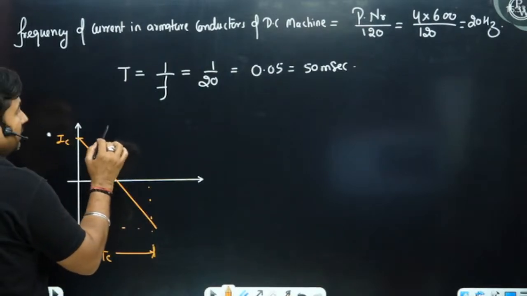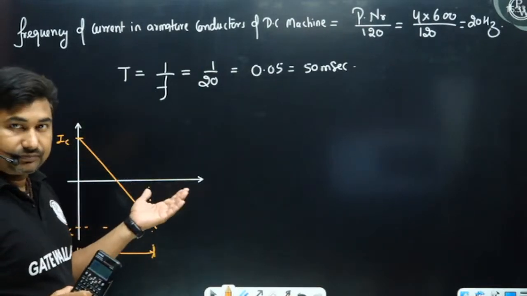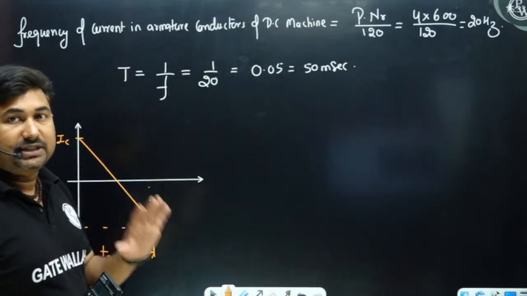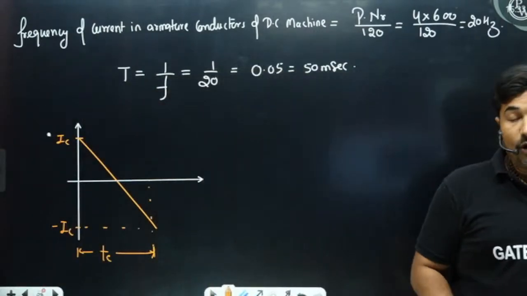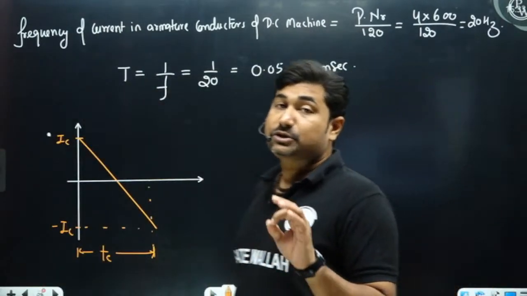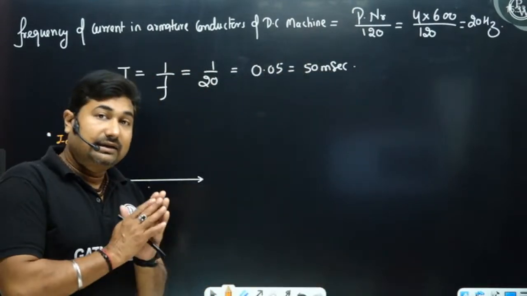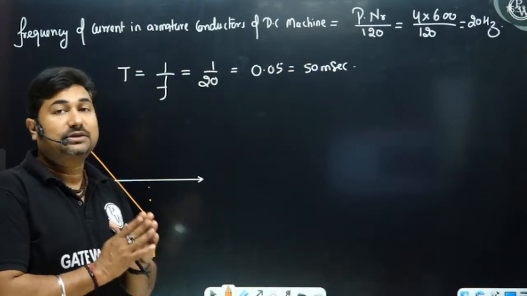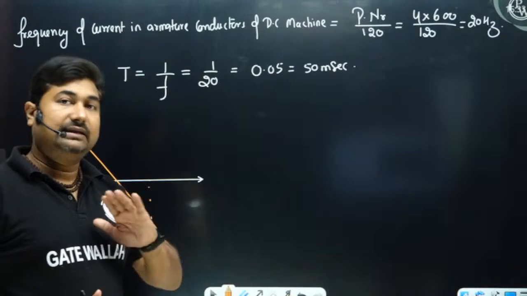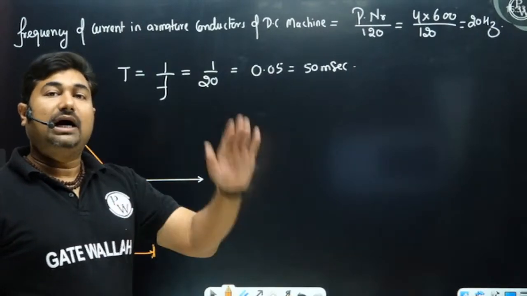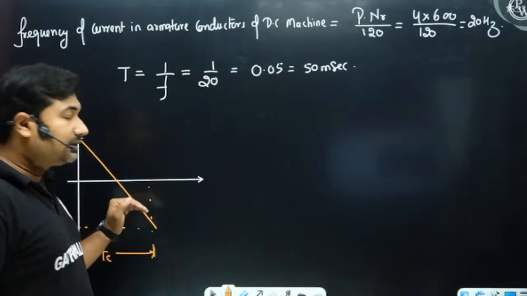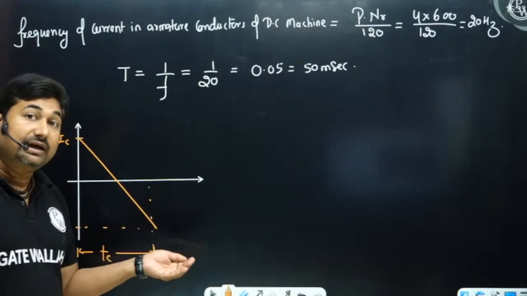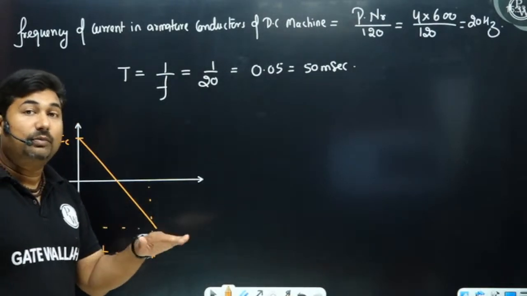We all know that whenever the coil undergoing commutation is shorted by the brush, under that condition the current in the coil has to reverse from plus IC to minus IC, and then it will remain the same until that coil again undergoes commutation.